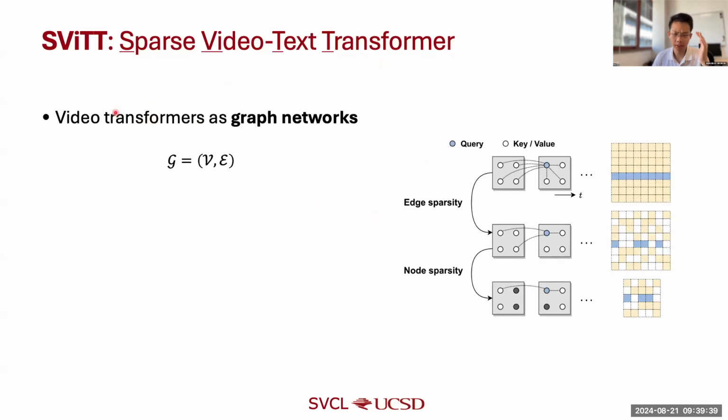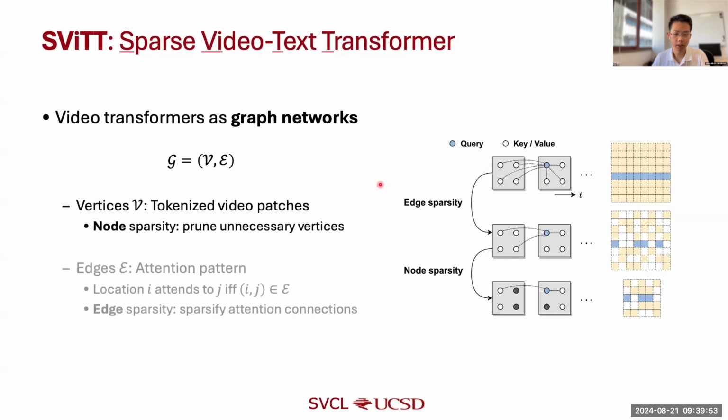To understand how this works, we represent video transformers as graph networks with vertices being the video tokens and edges as the self-attention pattern between video tokens. This allows for two strategies for achieving sparsity. We can enforce node sparsity by pruning unnecessary vertices or video tokens during the forward pass. And we can achieve edge sparsity by sparsifying the attention connections, which means asking each video token to only attend to a subset of other tokens instead of all of them.